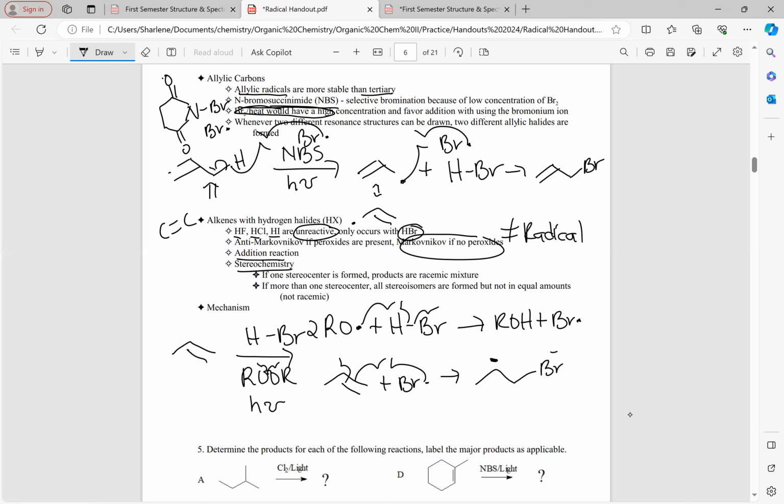And then, of course, there's some HBr, and I create the anti-Markovnikov halogen. This is still called hydrohalogenation. It just happens to go through a radical mechanism. So it's radical hydrohalogenation.